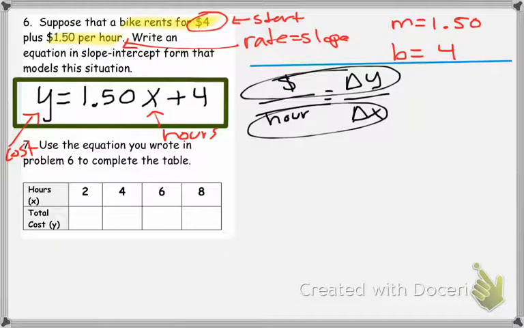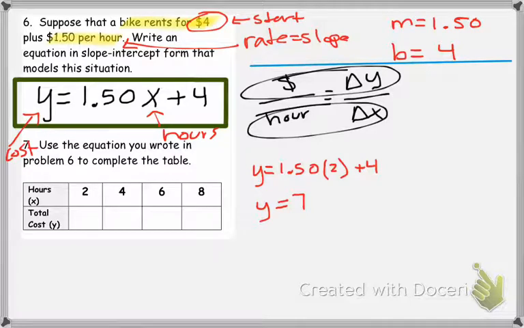So to find the cost for 2 hours, we have to put 2 in the x. So we will put y equals 1.50. Instead of x, I'm going to put 2 because I want 2 hours, plus 4. Put this in the calculator and you should get y equals 7.